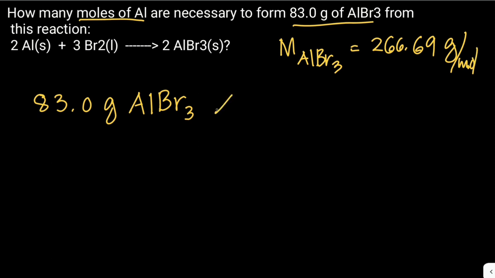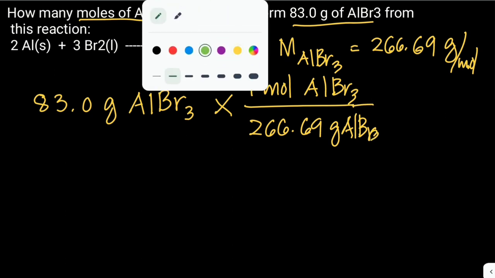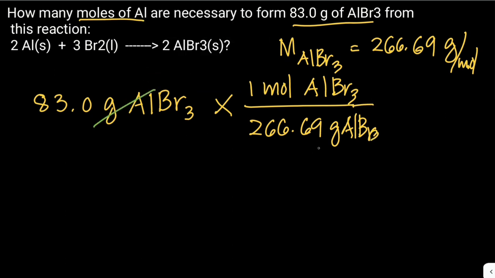So we just have to multiply this by 1 mole of aluminum bromide is to 266.69 grams aluminum bromide. And then the grams here cancel out.